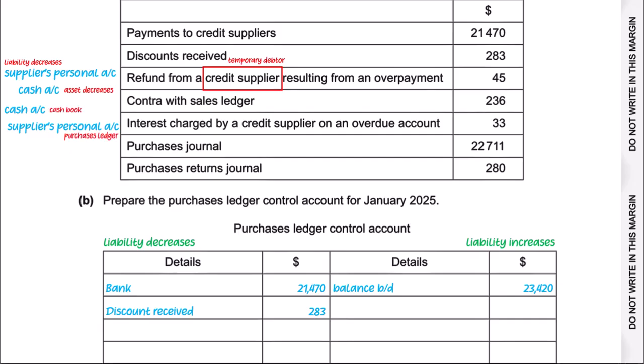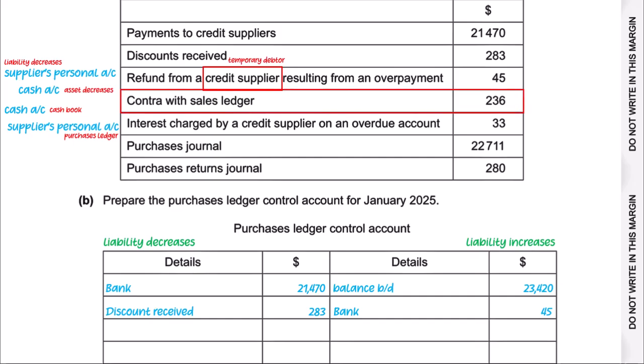Therefore, this refund amount will not be reflected in the purchases ledger control account from the supplier's personal account. Instead, this refund amount will be reflected on the credit side of the purchases ledger control account. So on the credit side, we write bank and write down its amount.